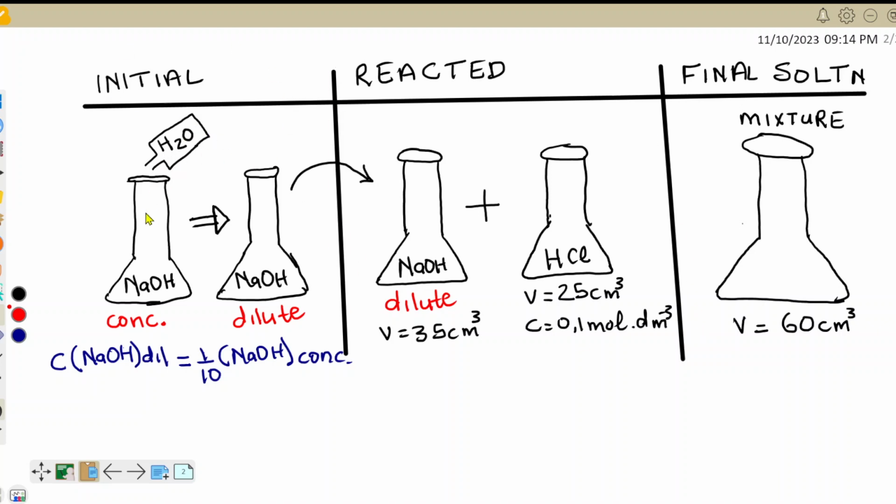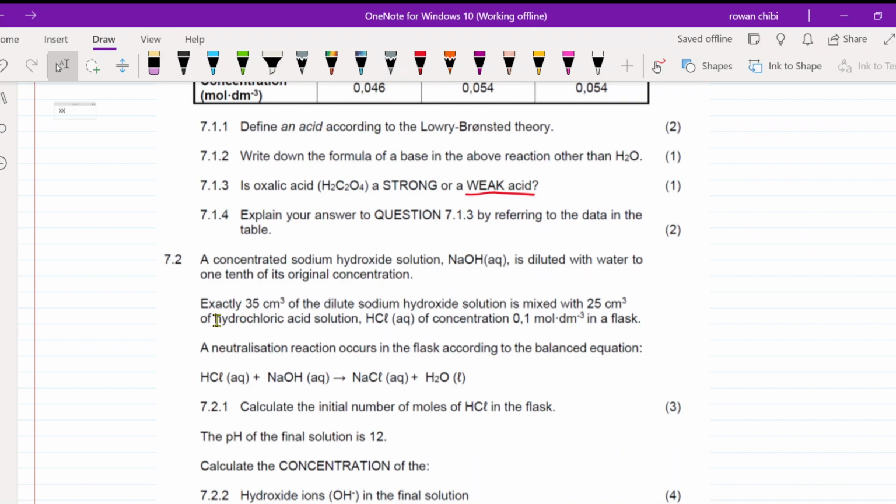It's whereby water was added to the concentrated sodium hydroxide to become this diluted sodium hydroxide. Now what they did next, they said exactly 35 cm³ of the dilute solution of sodium hydroxide is mixed with 25 cm³ of hydrochloric acid solution, HCl, of concentration 0.1 mole per dm³ in a flask.